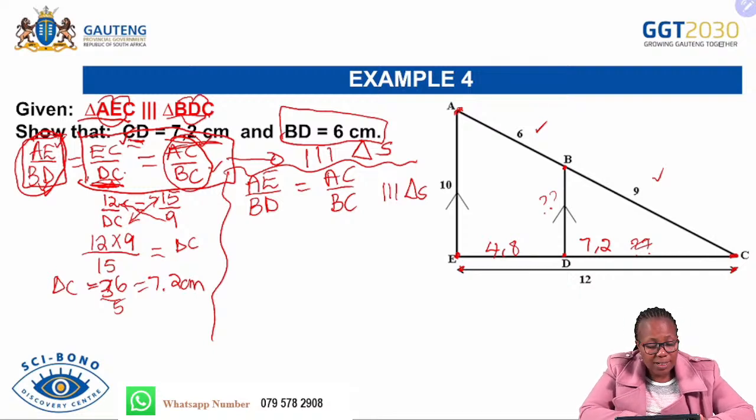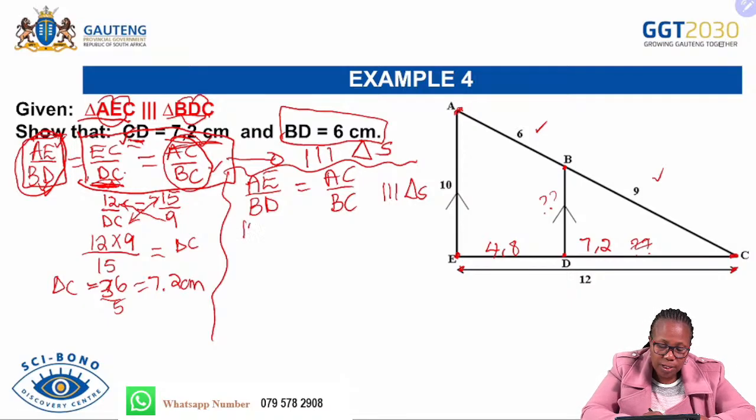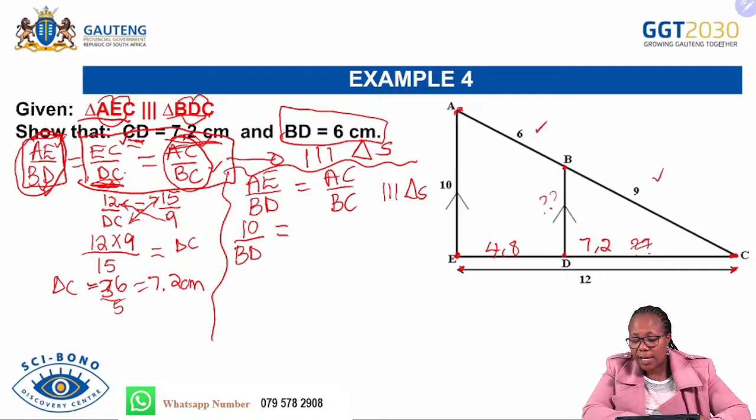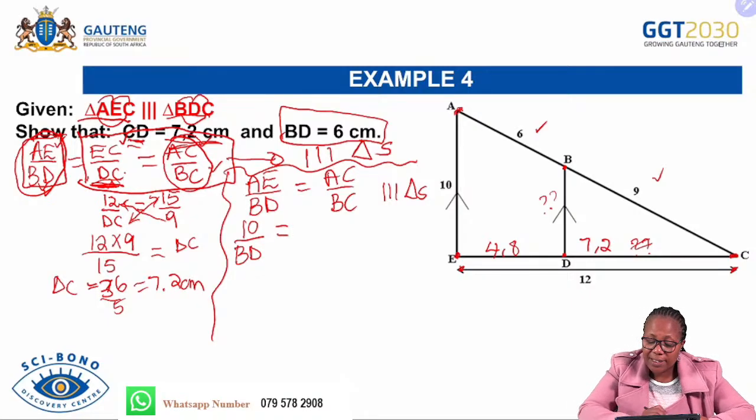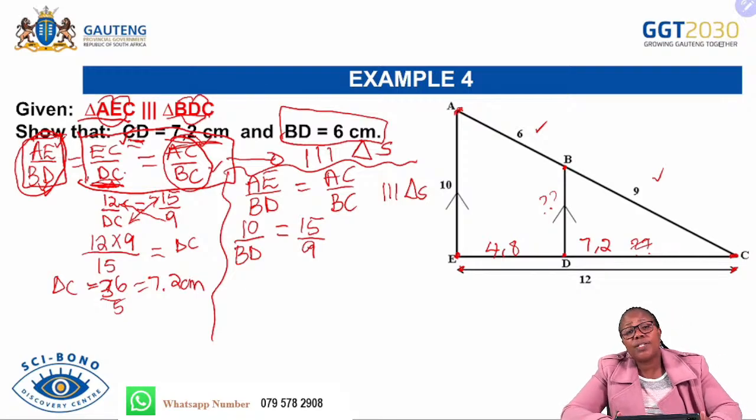And then what is AE? AE is equal to 10. I'm looking for BD. And then AC, remember, is 6 plus 9, which is equal to 15. And then BC is equal to 9. After substitution it is the same method.